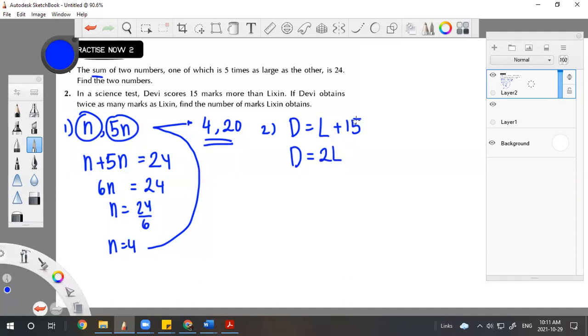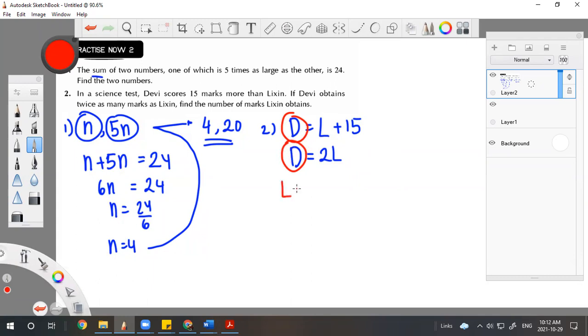Find the number of marks Lisin obtained. So the first clue is Devi scores 15 marks more than Lisin, and the next clue is Devi obtains twice as many as Lisin, 2L. And this is the same Devi, not a different person.